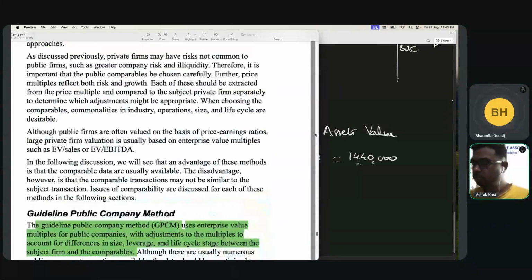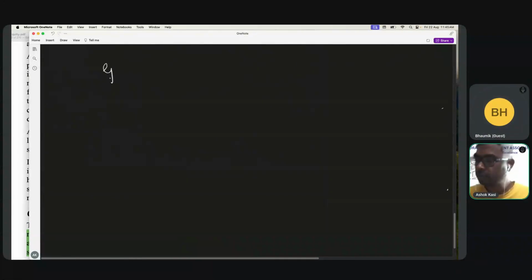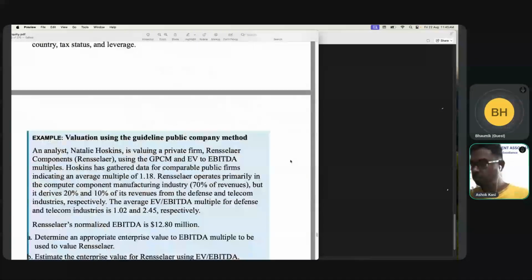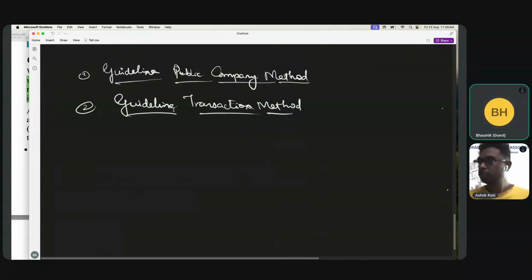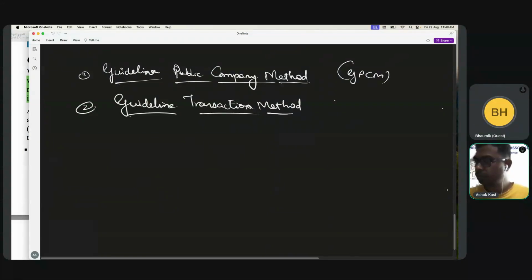The first one was the guideline public company method, that means you are taking a public company as a proxy. The second one is the guideline transaction method. So this is GPCM and GTM.